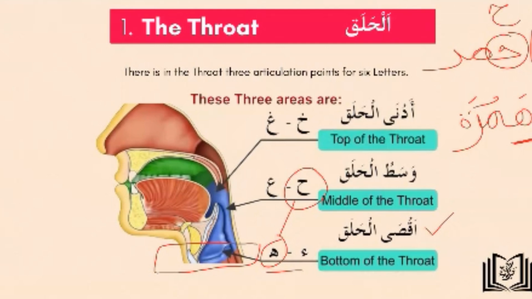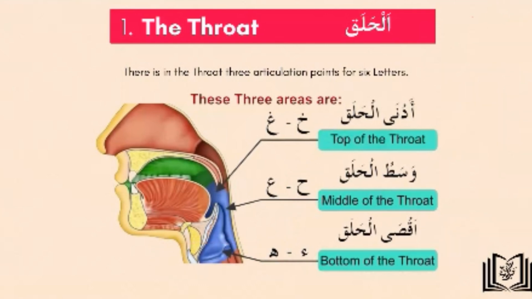Ha. Okay? Next one we see. When we say alhamdu, I'm also feeling it in my chest. No, you're not reading it correctly. We'll see the next topic, and you will know how to pronounce.